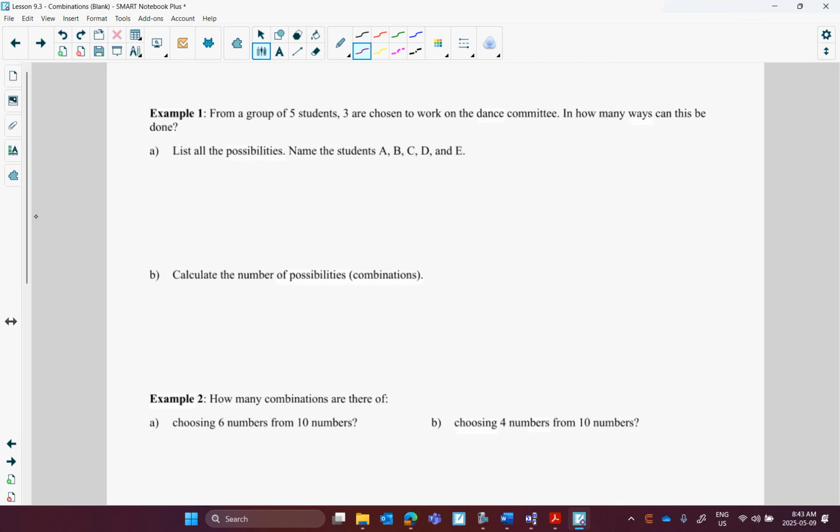So if we want to list the possibilities, let's think of all the possibilities we can have with A at the beginning. A is chosen first.